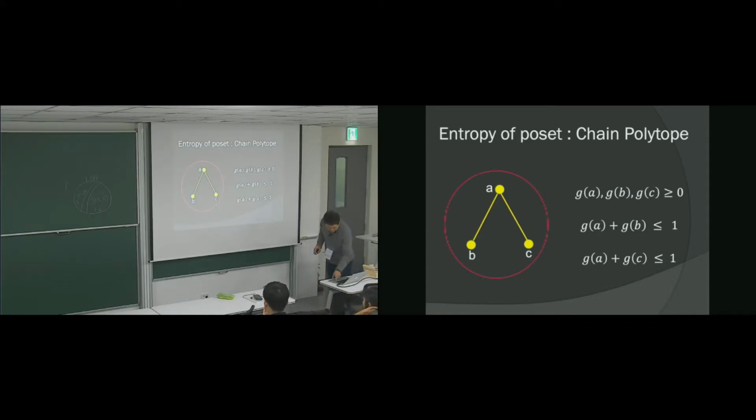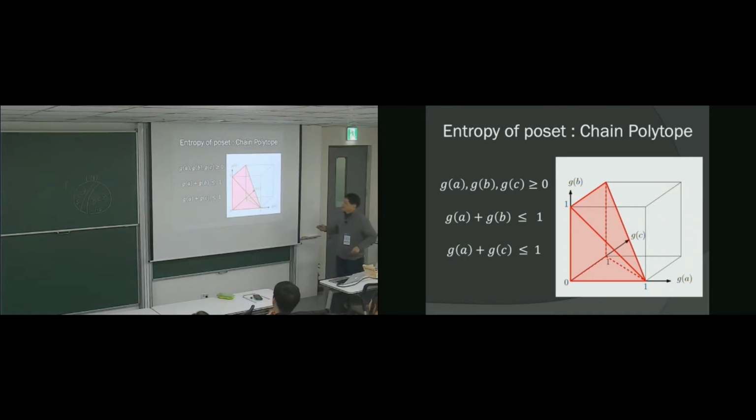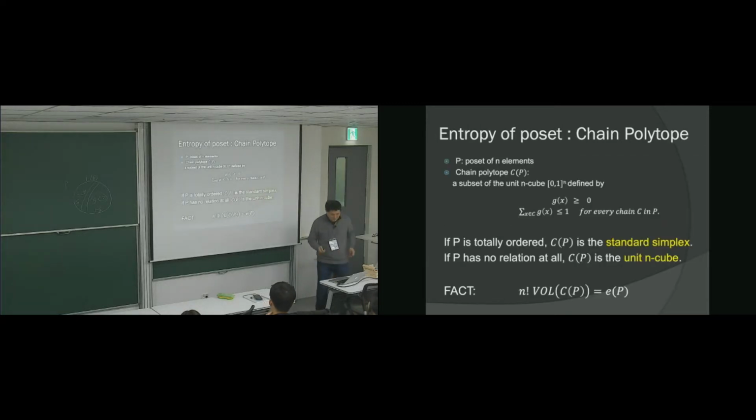Again, a picture tells a lot. Here are the axes of g of a, g of b and g of c. Then we consider this relation, this polytope. If you see this inequality and this picture, then you can imagine some kind of geometry. You can just draw this kind of thing. A relatively easy one is this.